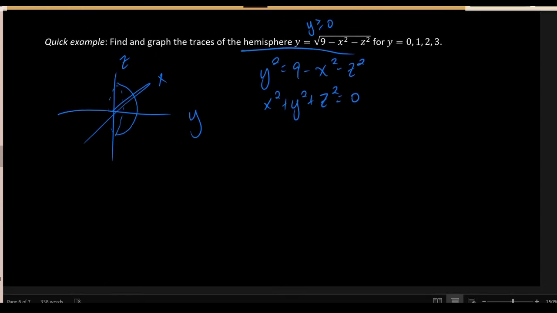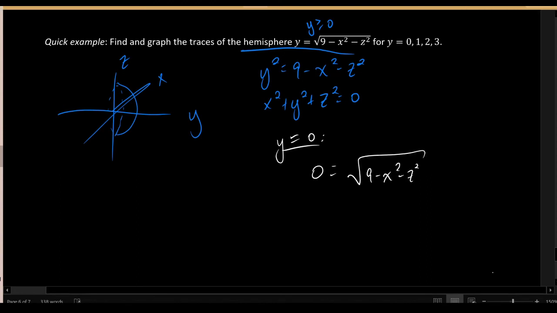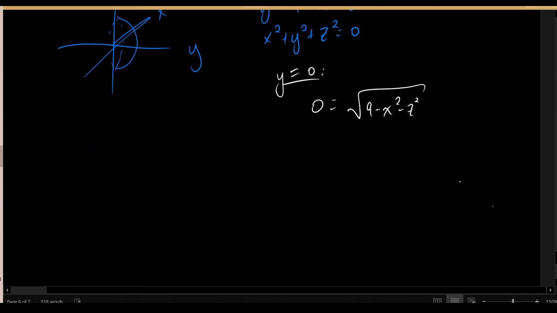For example, for a very quick example, if I was looking for the trace corresponding to y equals 0, I would go into the equation, I would set y equal to 0, and then I would investigate the values of x and z necessary to make this true.